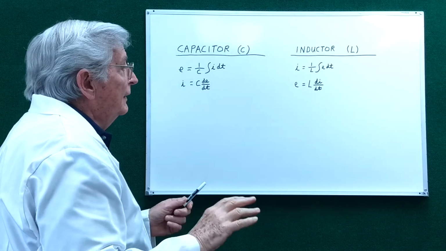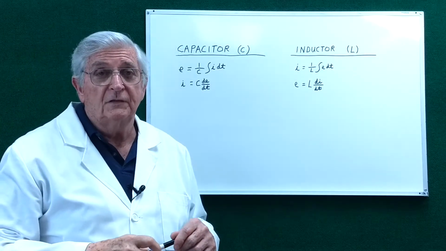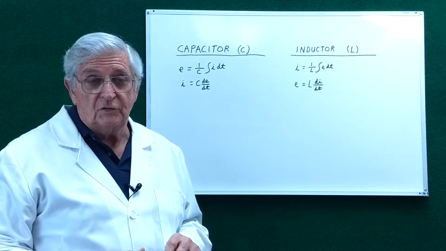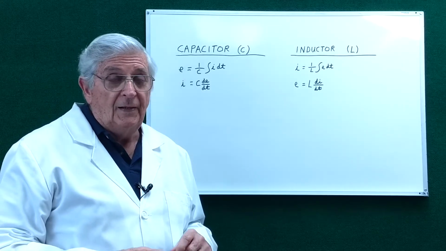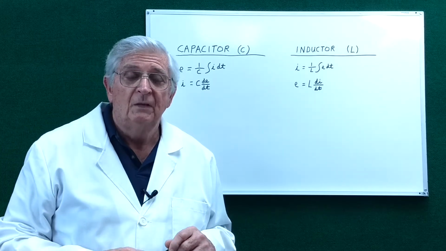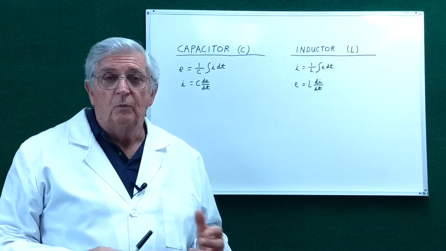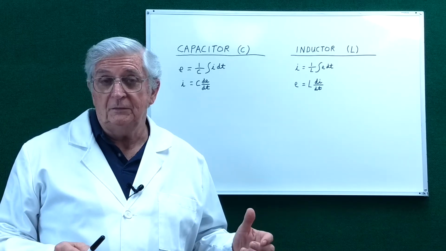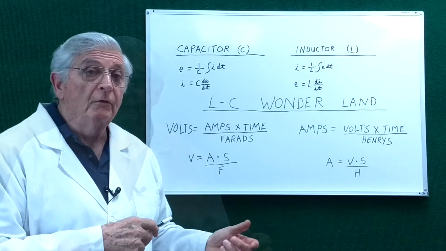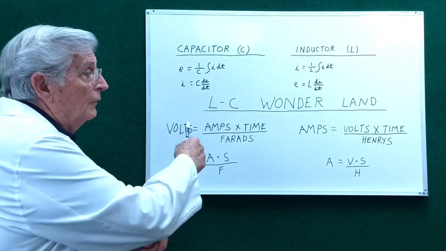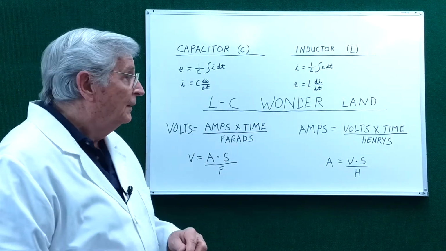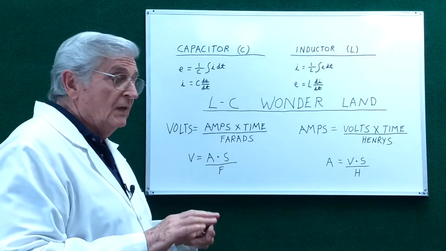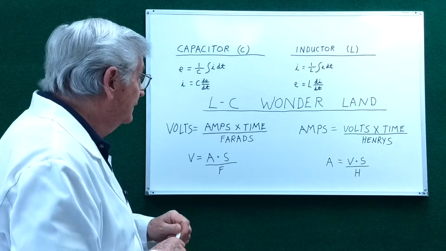And we can greatly simplify things by talking about DC voltage and current. And to do that, we'll enter the world of LC Wonderland, I call it. Okay, here we are in LC Wonderland. I call it that based on something you'll see here in a few seconds.